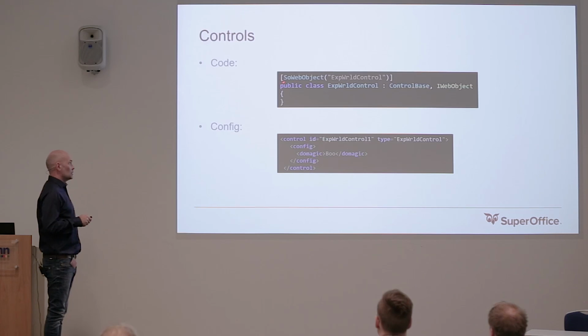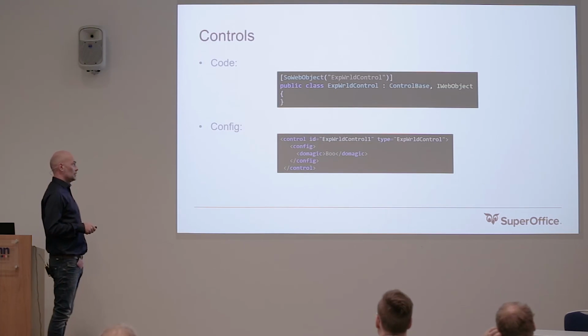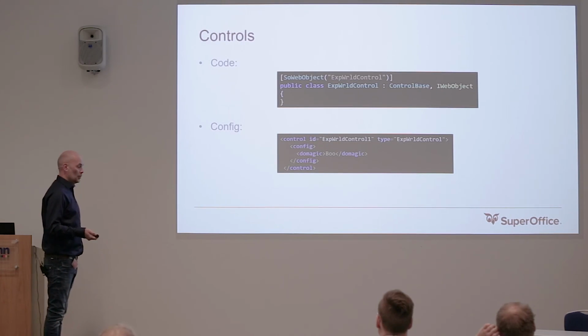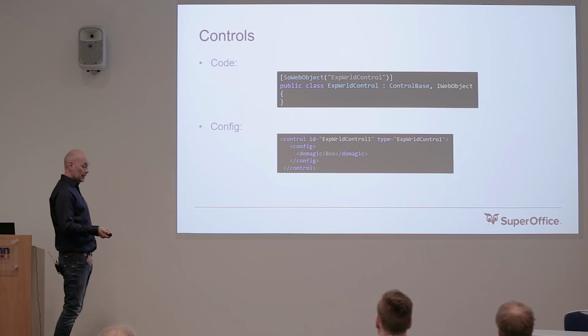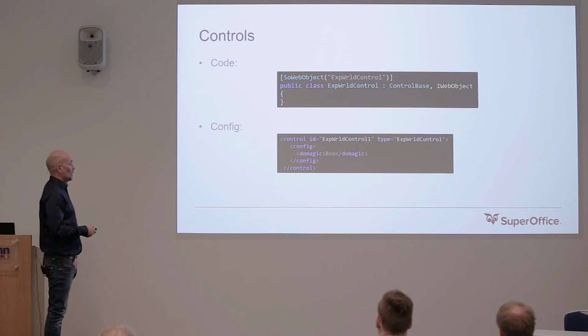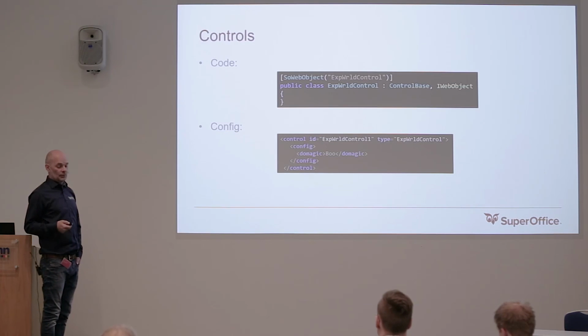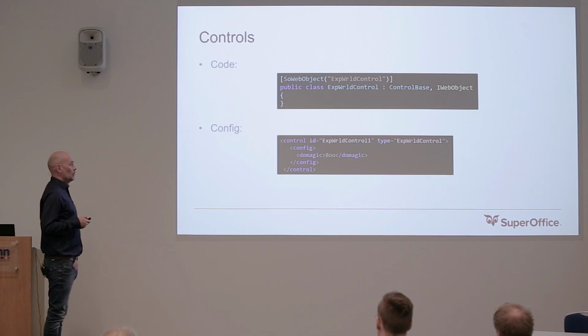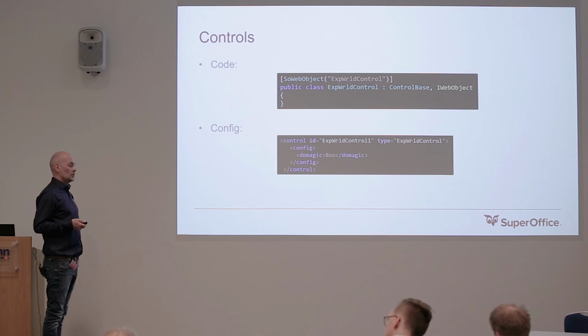You just put the decoration with the object interface, put it in an assembly in the bin folder, and the client will automatically find it and know about it. You might need to put a reference to your assembly in the dynamic load section of the web config, if you know that one, because sometimes it doesn't discover it.